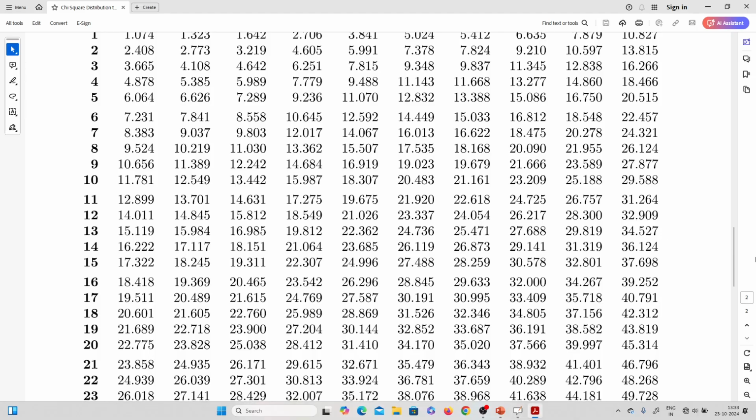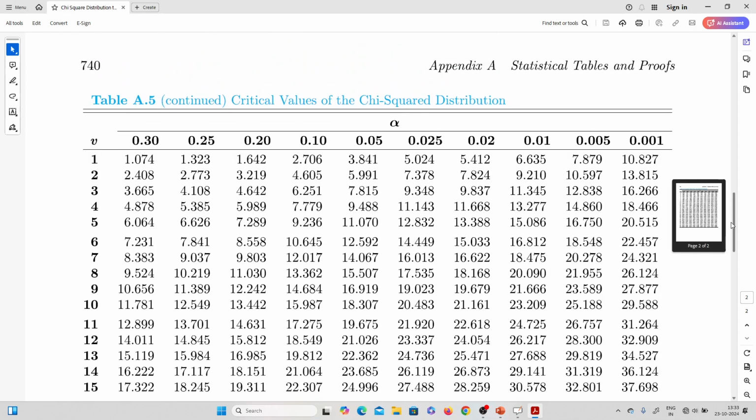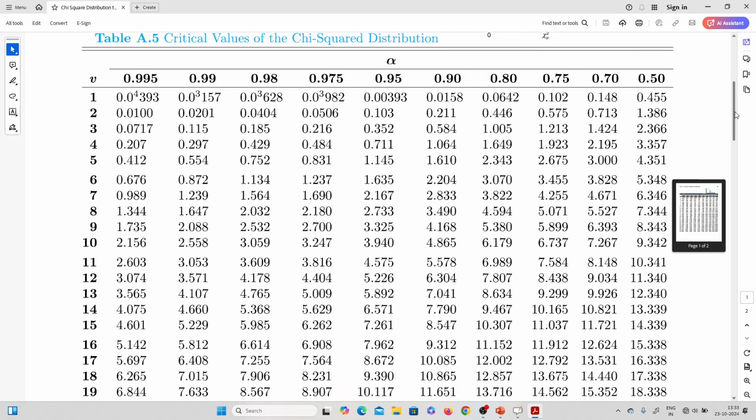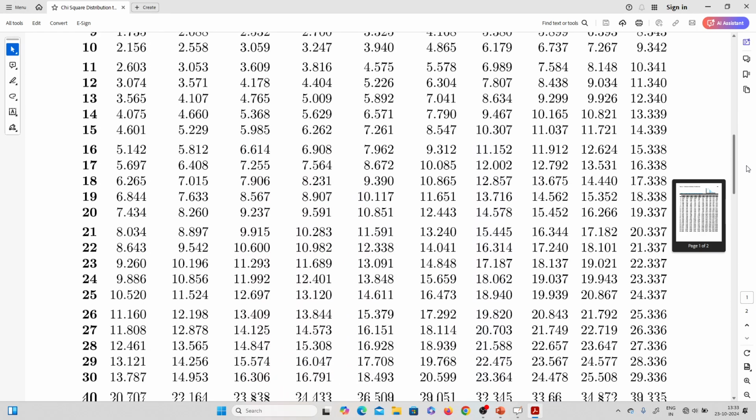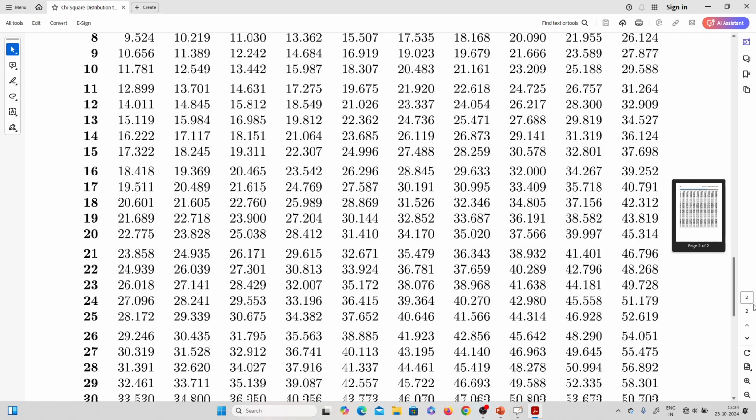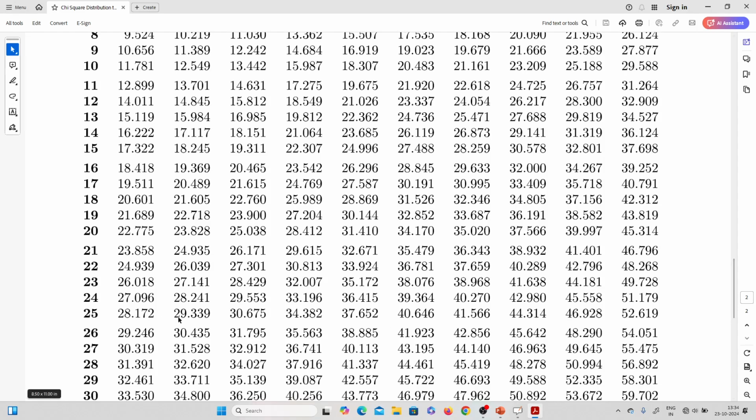So go to 25 degrees of freedom. Where is 25 degrees of freedom? You see numbers are 10, 11, 12, 13, 14, 15, 16, 18, 19, 20, 24. Not there on this page. Let us check the next page. 28, 29, 30, 37.652. Yes, we found that entry.